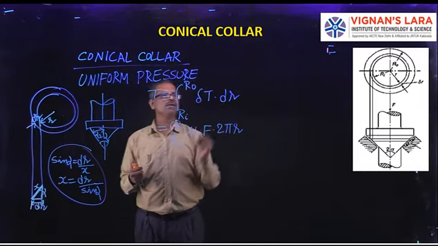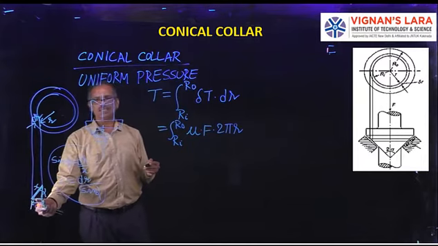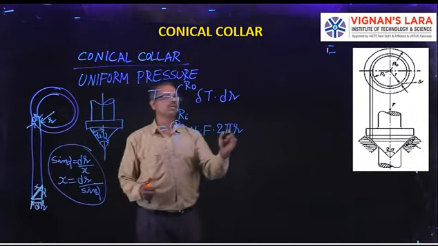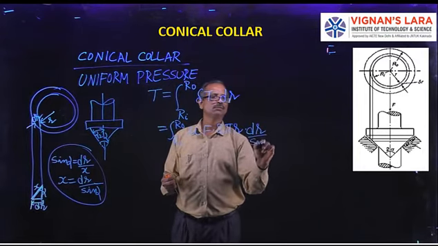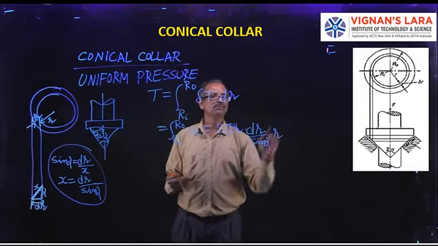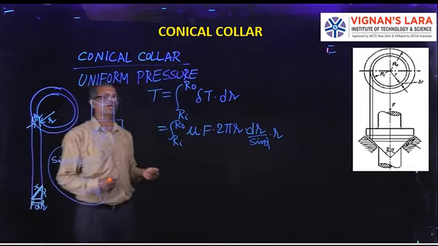Here the element is dr by sine alpha. In the earlier case we had dr, here it is dr by sine alpha, into r.